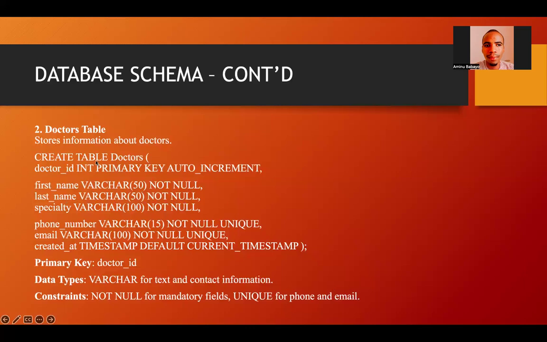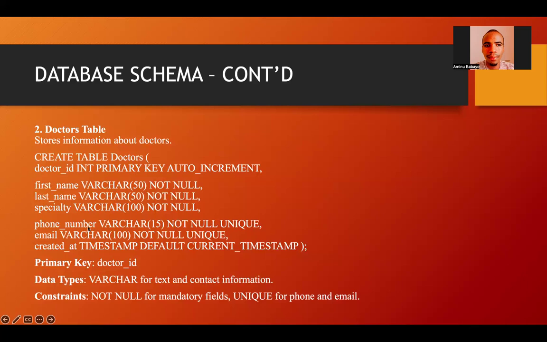Here, the doctors table will consist of information about the doctors. This is the schema for creating the doctors table. The doctor ID is going to be an integer, primary key, and auto incrementing also. Here we have first name, last name, and specialty. They are all going to be variable characters of certain lengths: the first name is going to be 50, the last name is going to be 50, and the specialty is going to be 100.